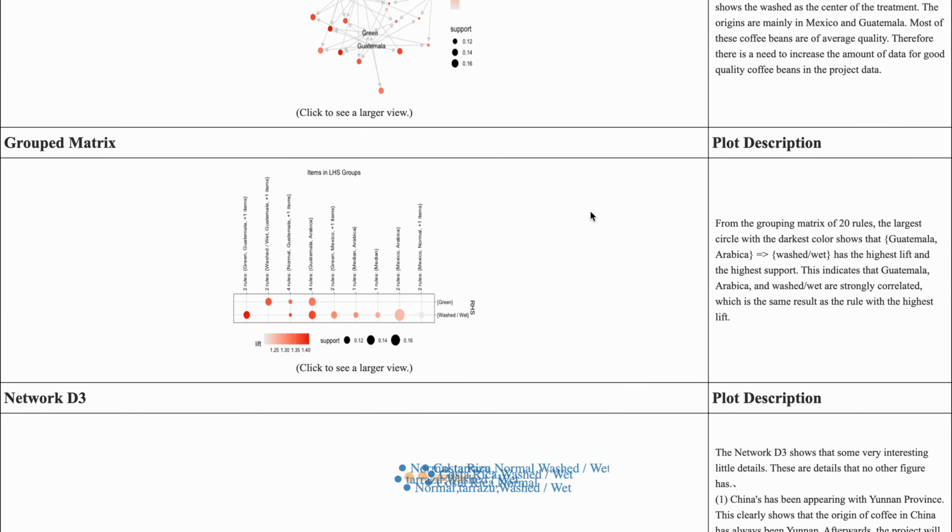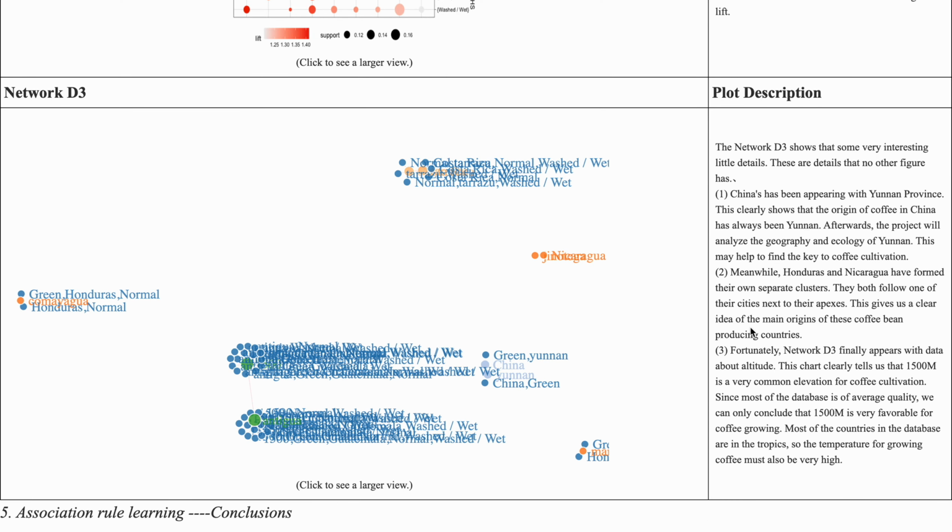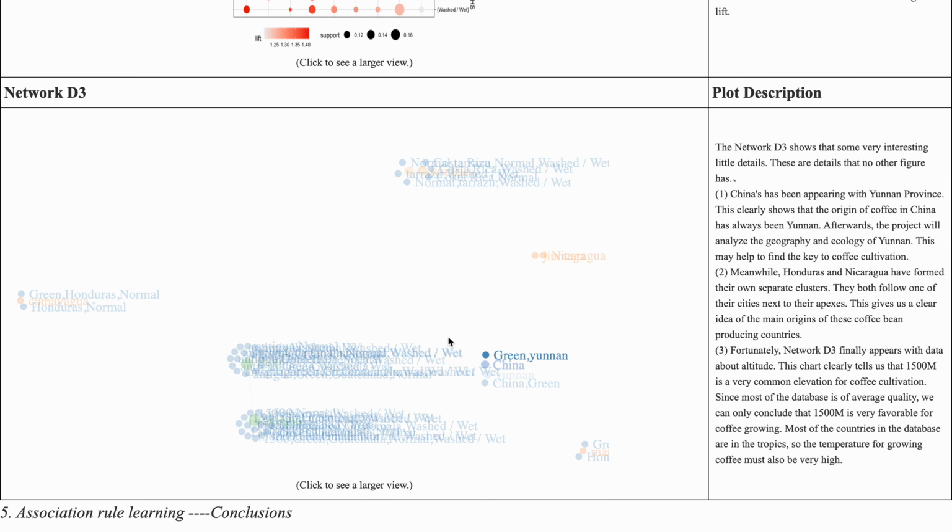Every graph has a conclusion on the right side, and my favorite is network 3D. It is interactive, and we can see the city, the country, and the places and how to make them.